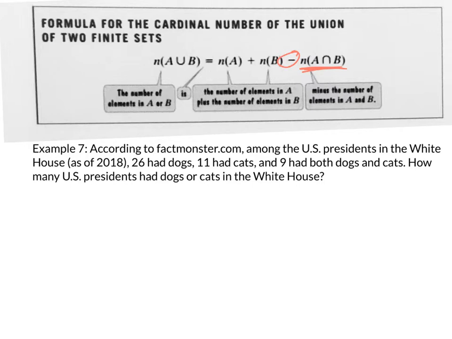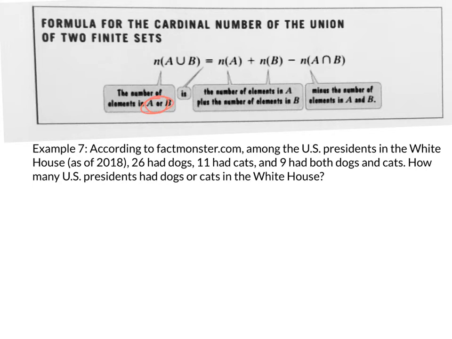Why are we subtracting? Because after you add the two sets, what happens is you double count all the elements that are in the overlap, and so by subtracting the overlap, we subtract away the extra count to get the right answer. Now the way I think of this fancy formula here is union in word problems means or.